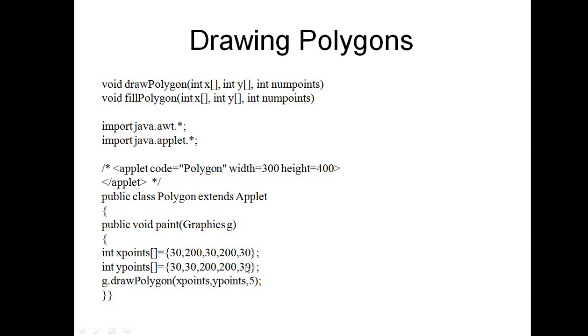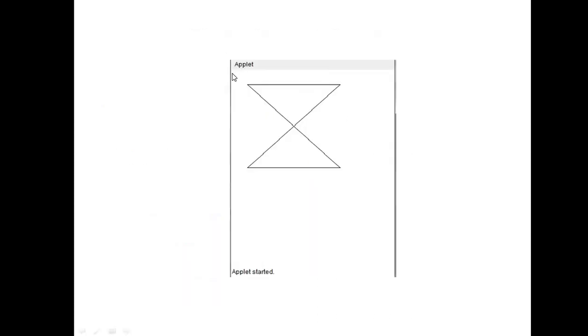So such a polygon is displayed. See, there are 1, 2, 3, 4, 5 different points. X1, Y1 will be this one, X2, Y2 this one, X3, Y3 this one, X4, Y4 and X5, Y5. Such a polygon is drawn. So this is the actual output.